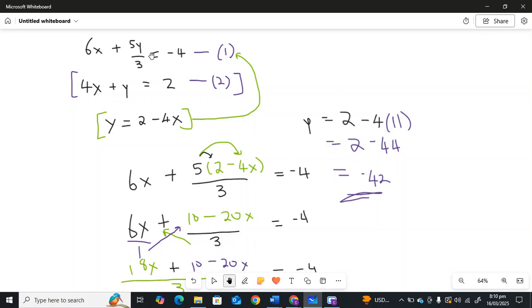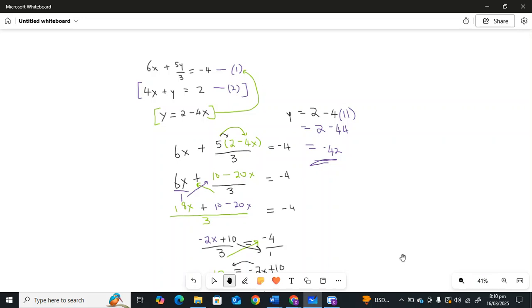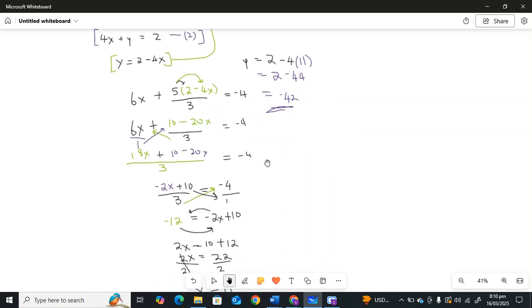You can also substitute in equation 1; you're supposed to get negative 4. Any questions? Madam, you also got negative 42, right? Okay, yes.